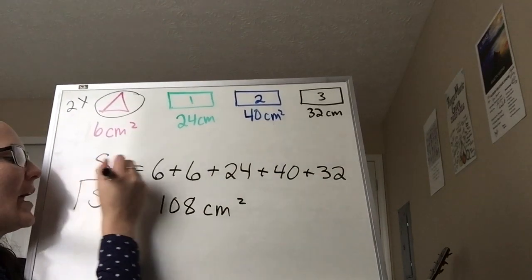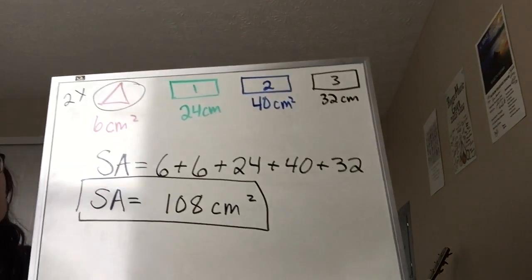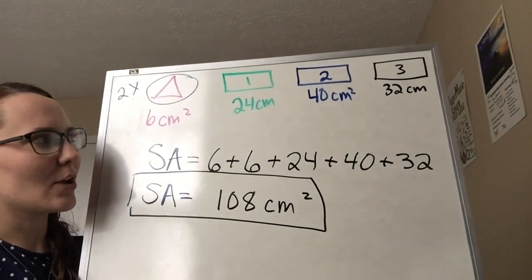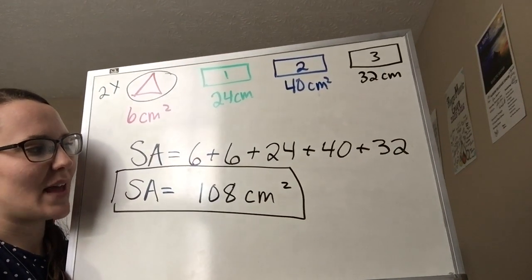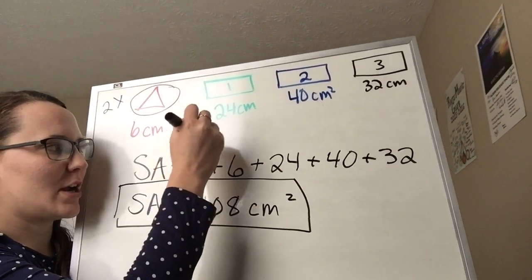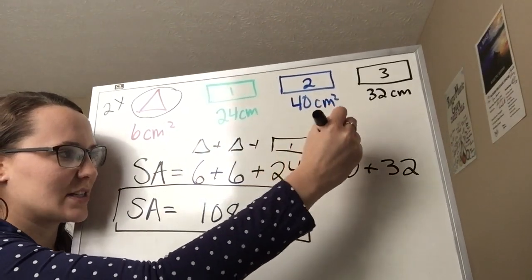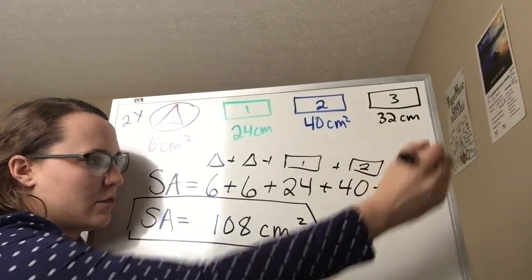So our total surface area is 108 centimeters squared. And we have 2 6s because there were 2 triangles and then 1 of each of the rectangles. Okay, that's how we found our surface area: triangle plus rectangle 1 plus rectangle 2 plus rectangle 3.